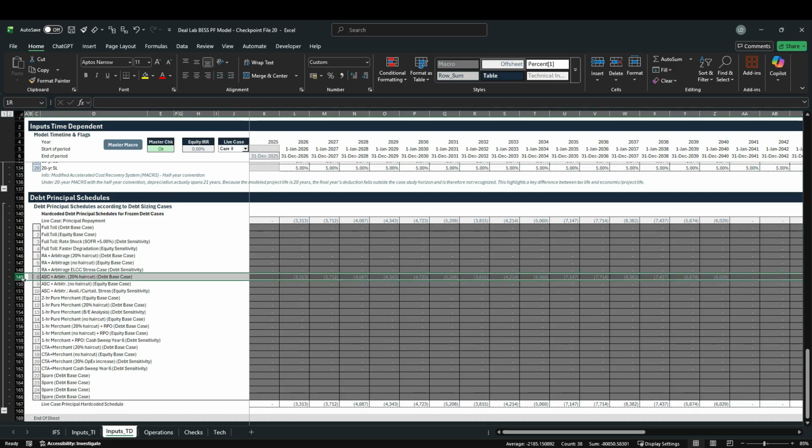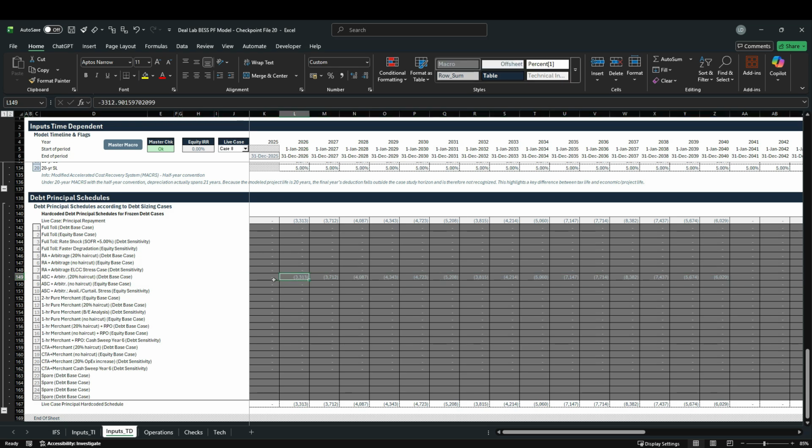So when case 8 is selected and our debt sizing case is on, then we will copy and paste the hard codes for this repayment structure. And now there are two ways of enabling a frozen debt structure in a different case.